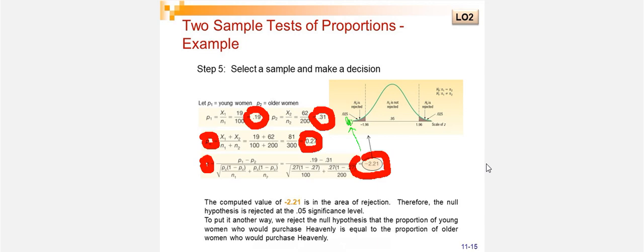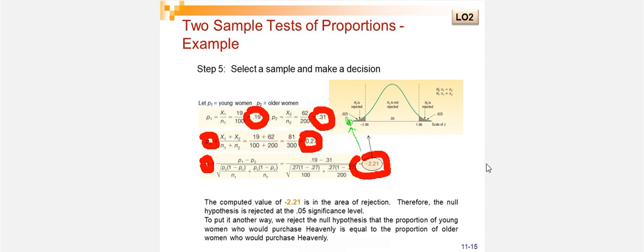Hello T. Yes, doctor. Okay, what is decision? We need to reject the H0. H0 is rejected. So we reject H0, we accept H1.